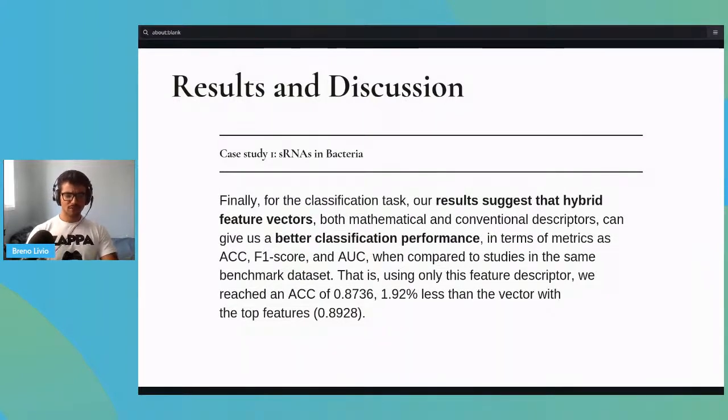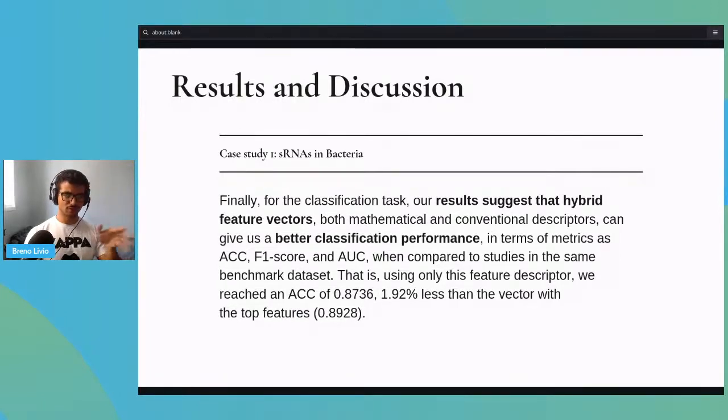And finally, for the classification task, our results suggest that hybrid feature vectors, with both mathematical and conventional descriptors, can give us better classification performance in terms of metrics such as accuracy, F1 score, and AUC, area under the curve, when compared to studies on the same benchmark data sets as a reference, which applied a single descriptor, the trinucleotide composition.